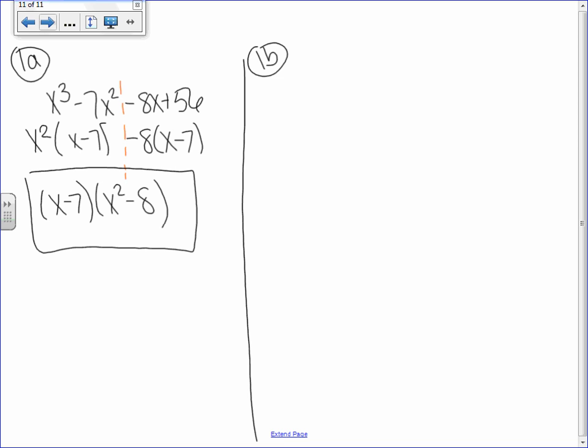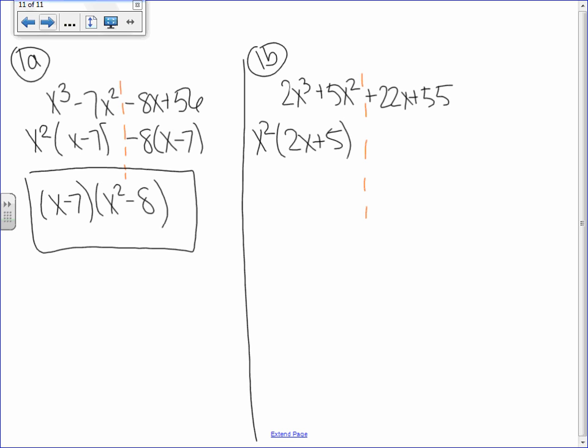For 1b, I had 2x cubed plus 5x squared plus 22x plus 55. Go ahead, draw my line down the middle. So here I'm going to have a greatest common factor of x squared on the left, and I'm going to be left with 2x plus 5.